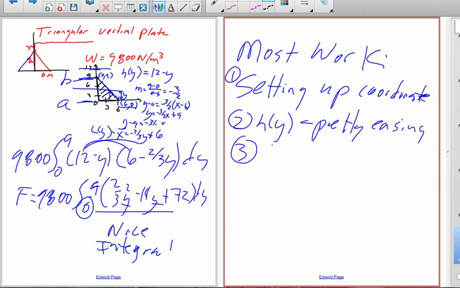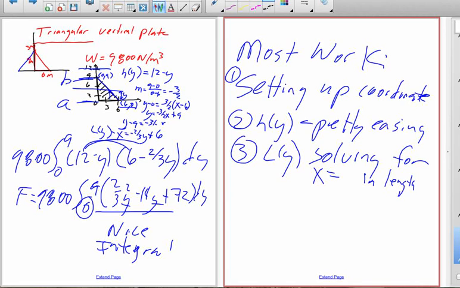Now the L of y can mean solving for x equals something, in the length of the plate or length of the slice.